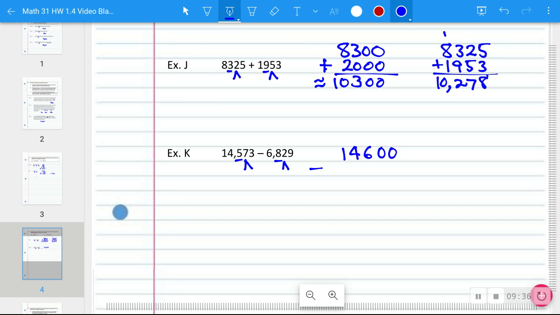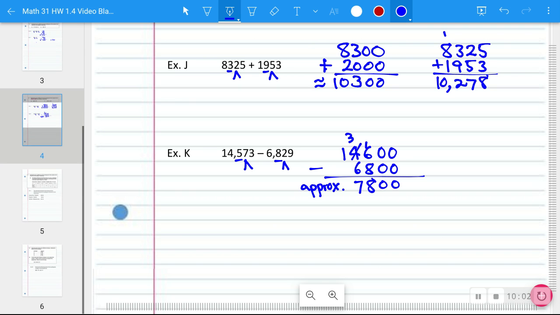So that 8 does not change, so we're going to leave it as 6, 8, and the 2 zeros. Okay, subtracting. We're going to have to borrow here. And 13 take away 6 is 7. So it's about 7,800. I'll just put approximately here instead of the squiggly equal sign.